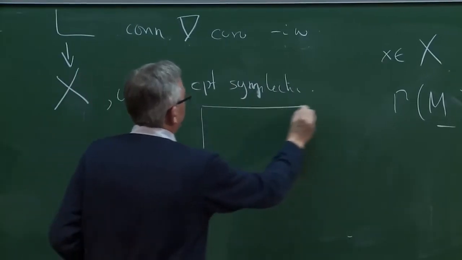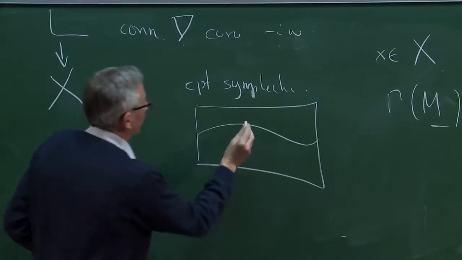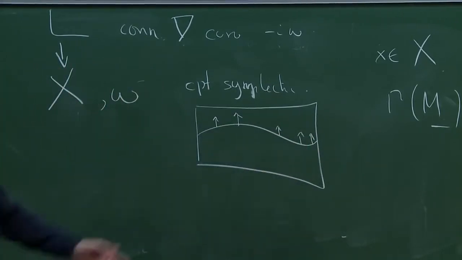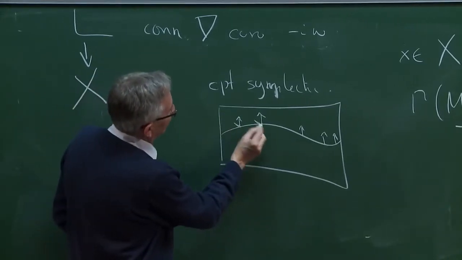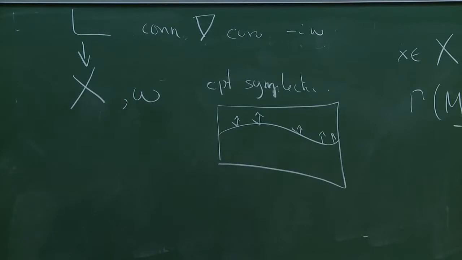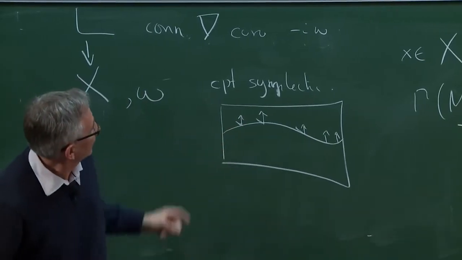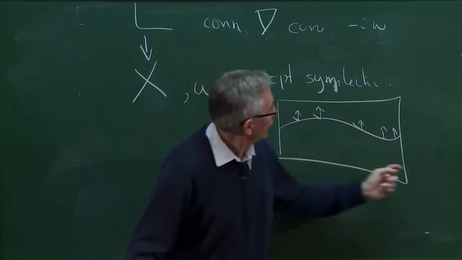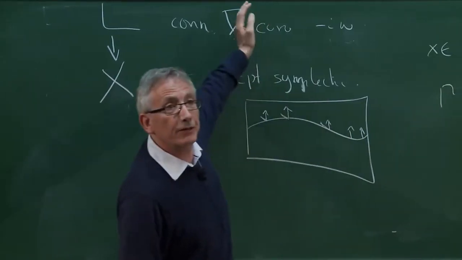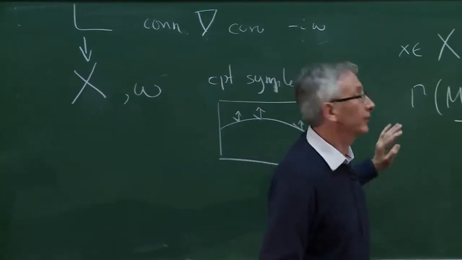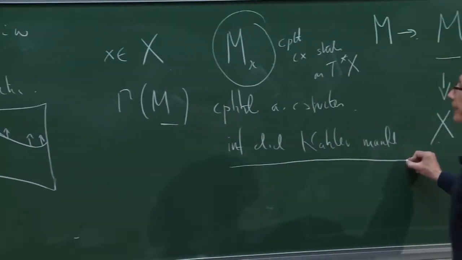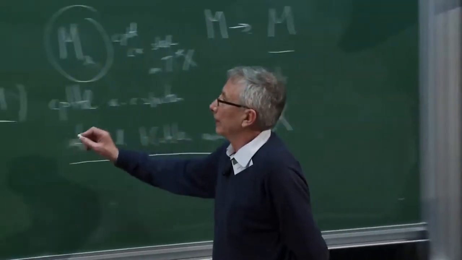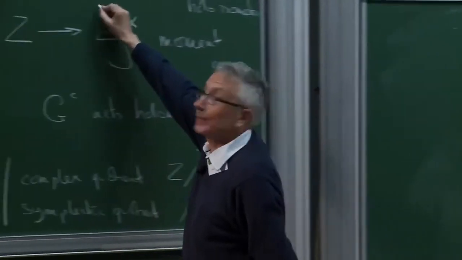We have a section, and a tangent vector is given by a vertical vector field. If we want to multiply by i, we just use the complex structure on the fibers. If we have two vector fields and we want to define the symplectic pairing, we use the structure on the fibers to define a pairing at each point, and integrate over the manifold with respect to the standard volume form of our metric. So let's not write all that down. That's going to be our space Z in this situation.